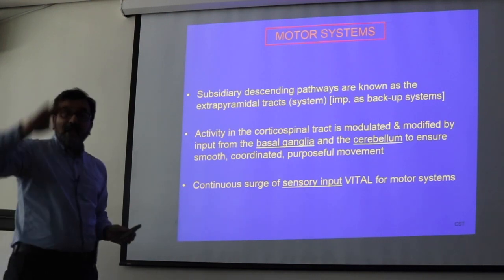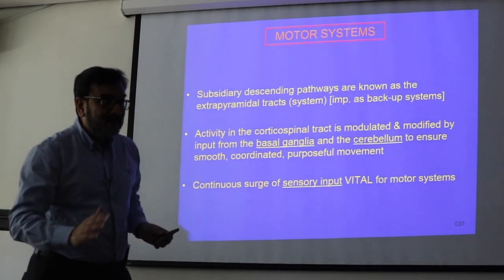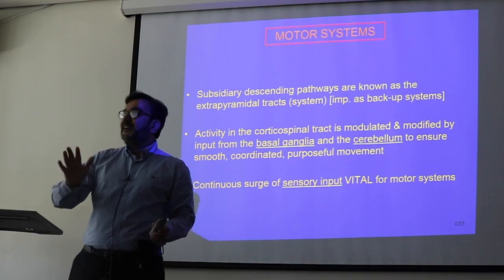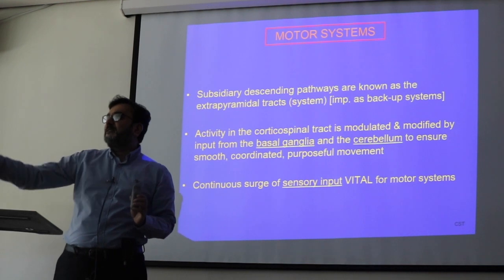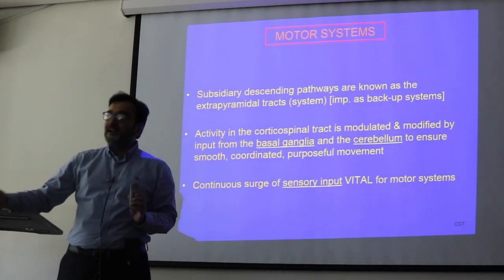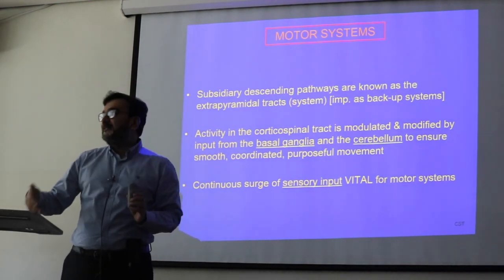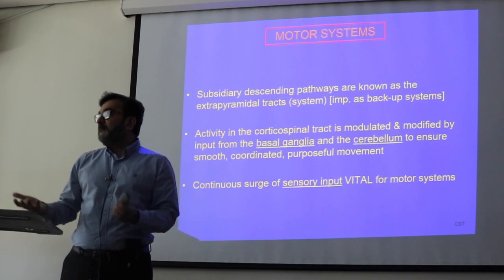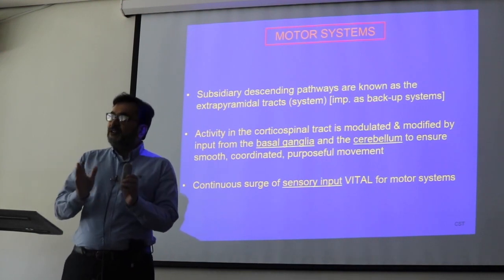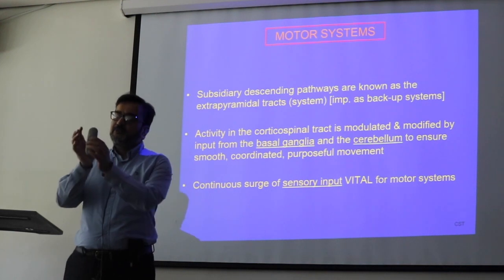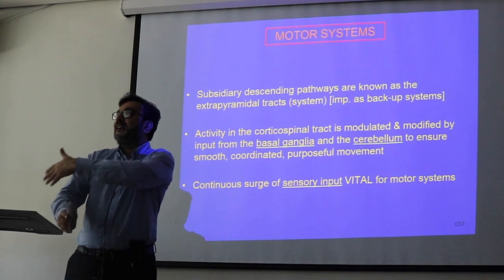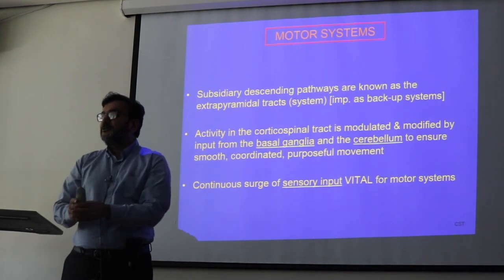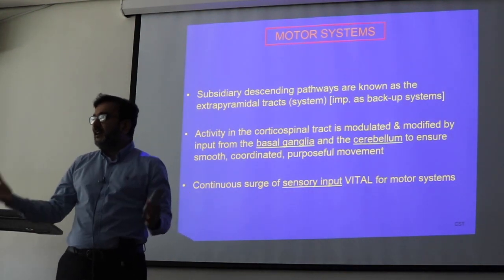Whenever you have an upper motor neuron problem, both would be affected, and you would have spastic paralysis, hypertonia, hyperreflexia, all those features of upper motor neuron. But the function of the pyramidal pathway is to perform fine skilled movements, while the function of the extrapyramidal pathway is to maintain tone and posture.